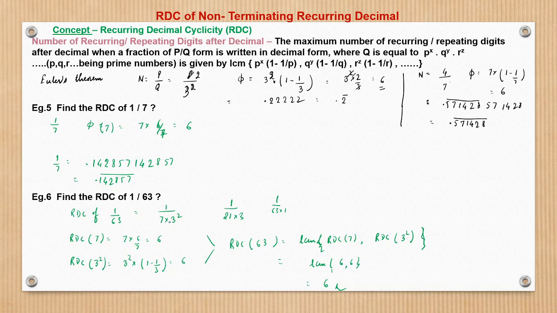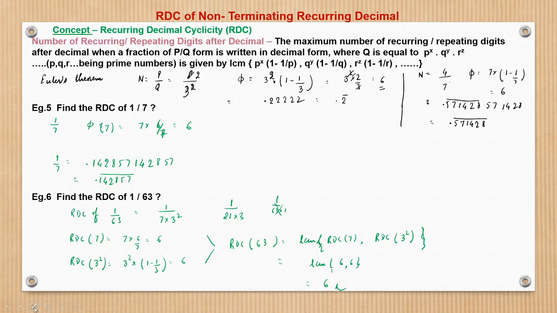That goes by the name of Chinese remainder theorem. But here the main concept is that we should have two co-prime numbers. So 7 and 3 square are co-prime, whereas 21 and 3 are non-co-prime, because there is a common factor of 3 between these two. So we should be careful when we break 63, it should be in the form of two co-prime numbers, and then we can find the RDC of the individual co-prime numbers and then find the LCM.